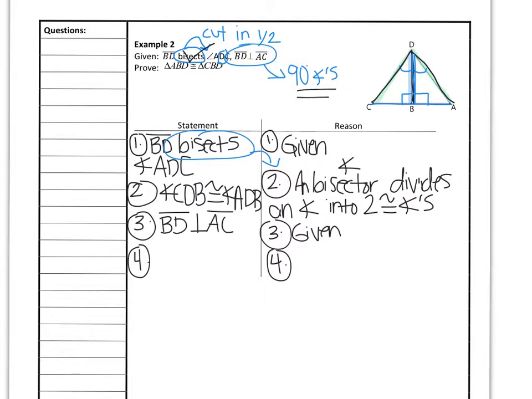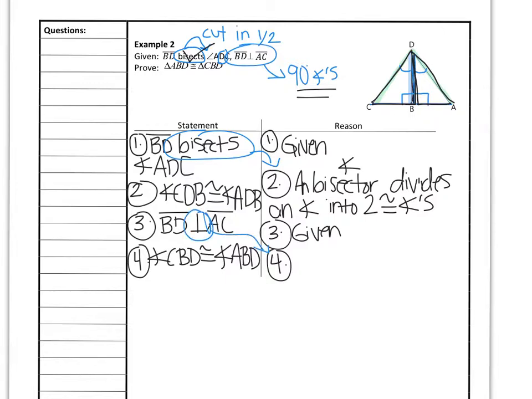So we have to state them. So I'm going to say angle CBD is congruent to angle ABD. Again, always wanting to match up your corresponding angles and sides when we name them. And our reason is going to be because of our perpendicular lines.